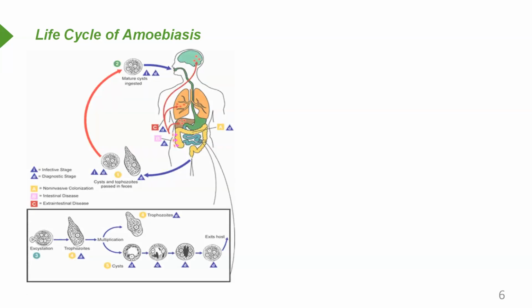Now let us understand how we contract amoebiasis. Here we can see the beautiful illustration of the life cycle of amoebiasis. There are 2 stages. One is the cyst stage, the infective stage. Infection happens here.